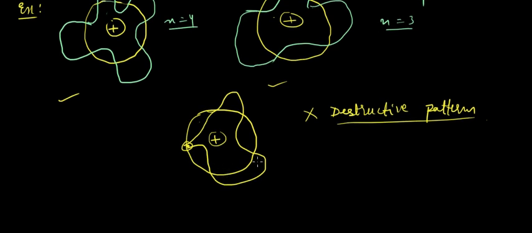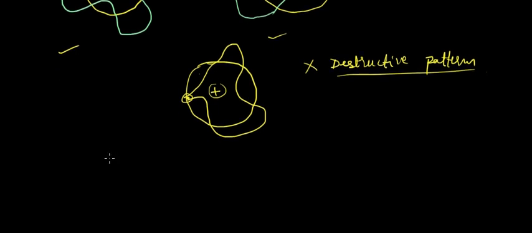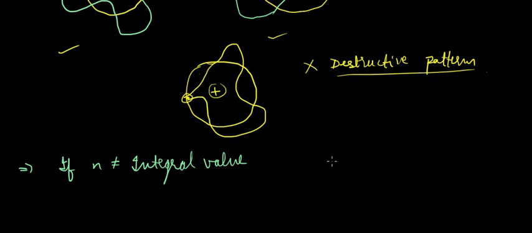So electrons can revolve only in those orbits where the wavelength is an integral multiple of the circumference of the orbit. In other words, if n is not an integral value, the electron cannot revolve.